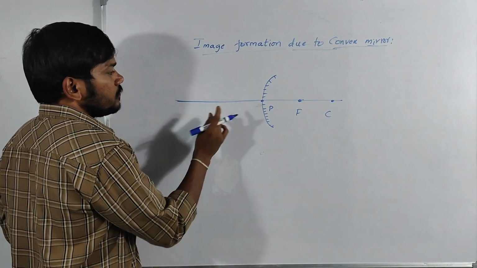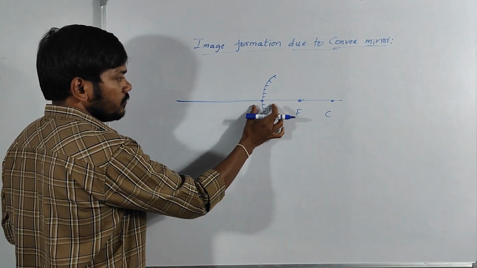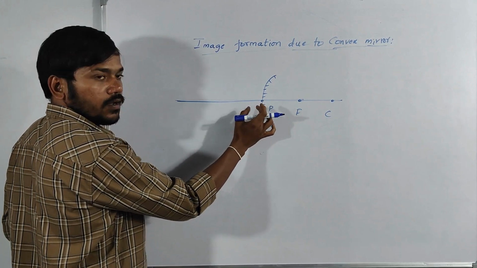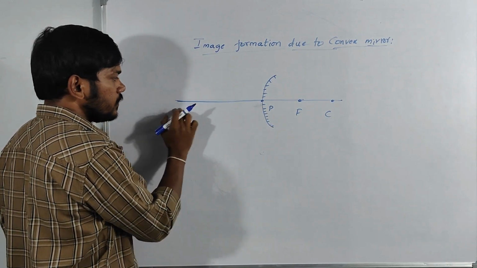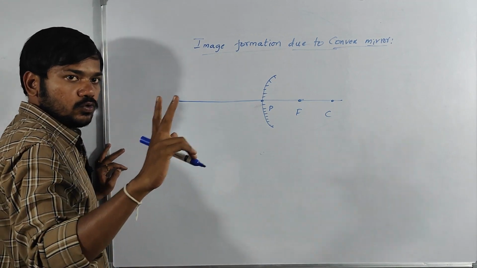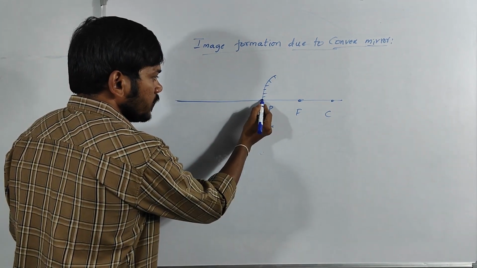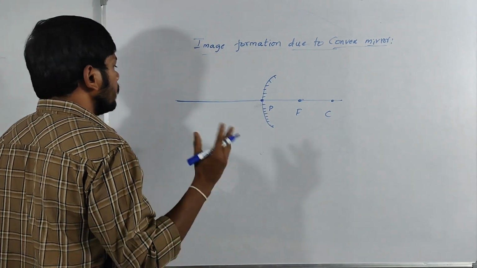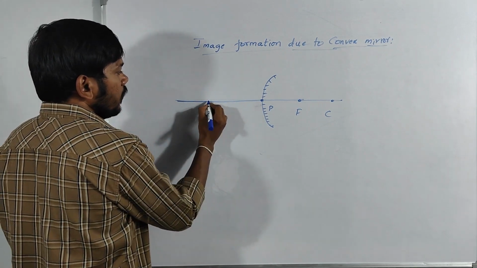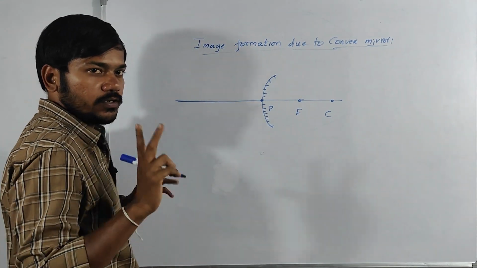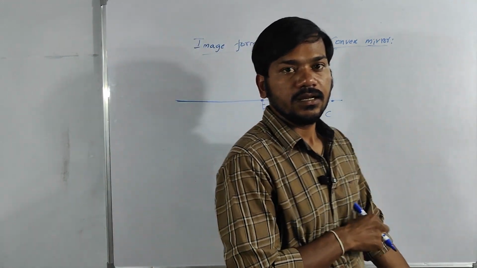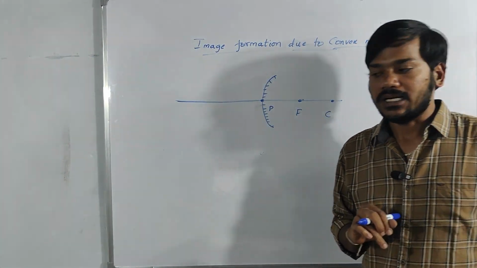So what is the possibility? We have the pole on the mirror, and only infinity and the principal axis. On the pole we cannot keep the object, so only two possibilities: at infinity and on the principal axis.